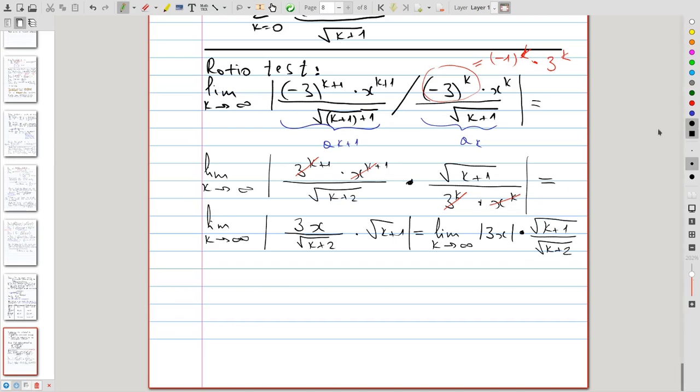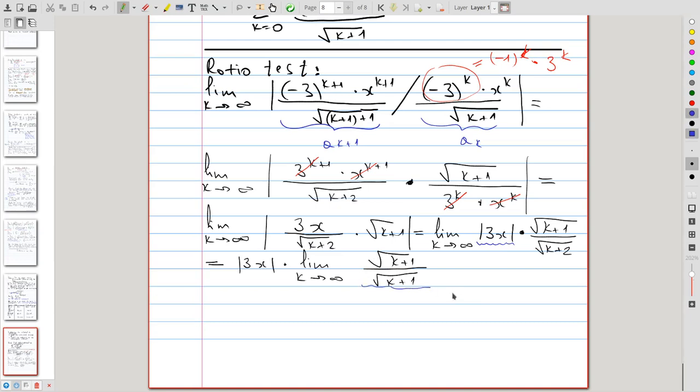And as we already did a couple of times, observe that 3x is independent of k. It is therefore just a constant in terms of this limit. So we are looking at the absolute value of 3x multiplied by the limit. And then it is straightforward to compute the value of this limit, which you can rewrite.